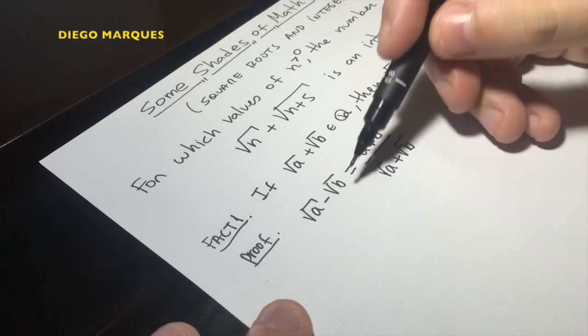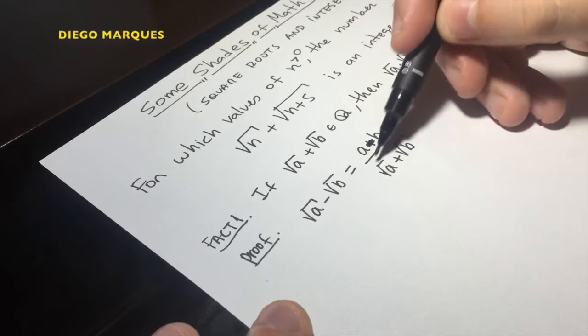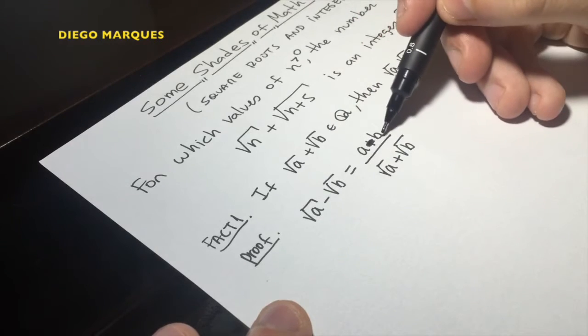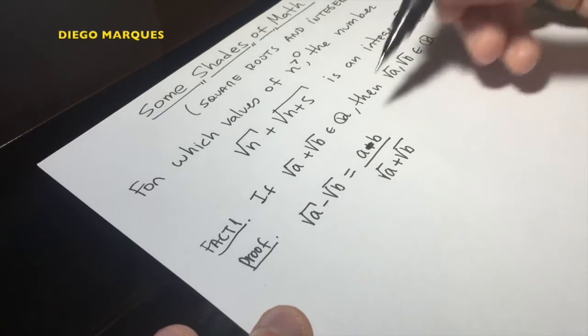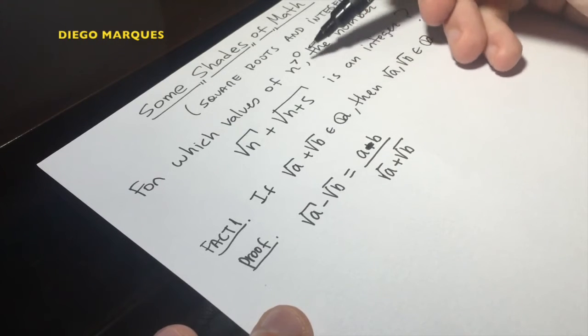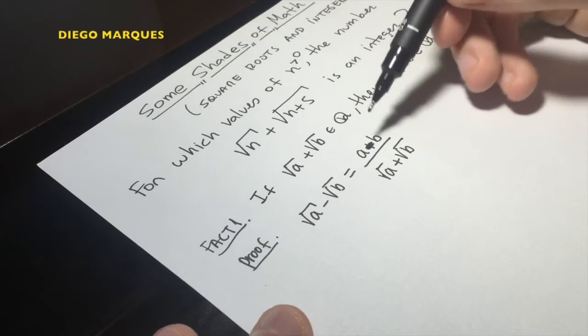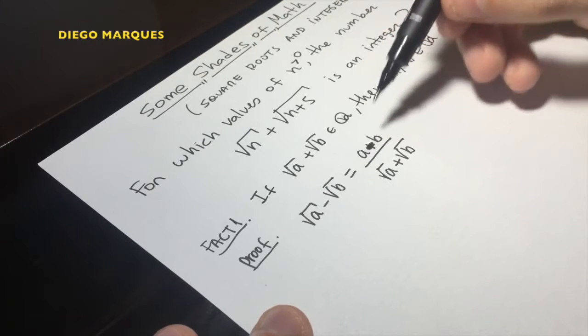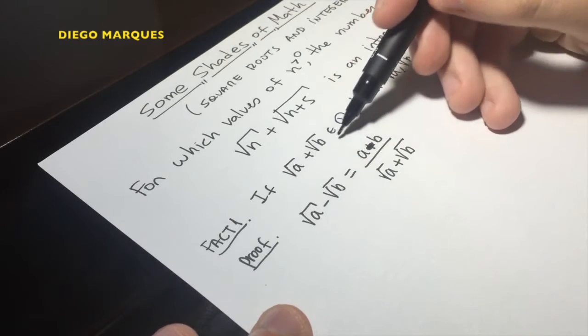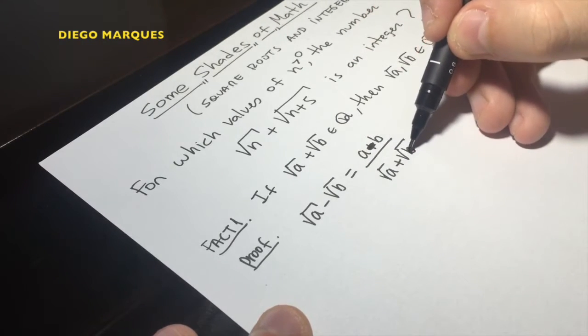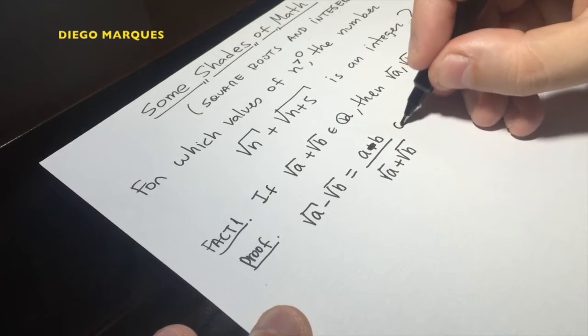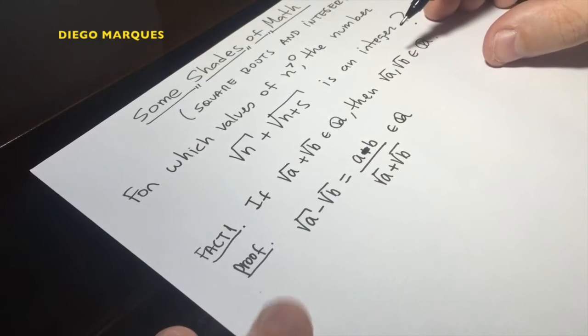Yeah, because the product of this number with this number is equal to a minus b. Okay, a and b are integers, so a minus b is an integer, and our hypothesis is that square root of a plus square root of b is rational, so this number must be rational.